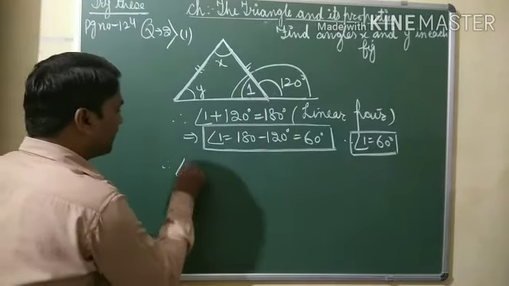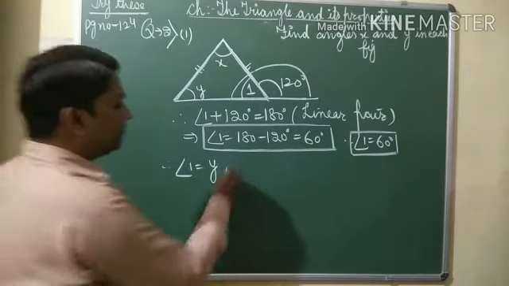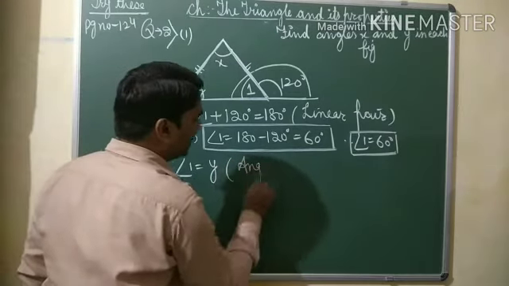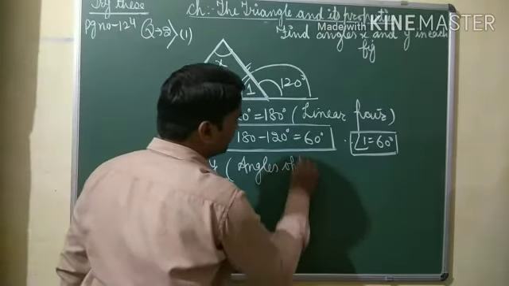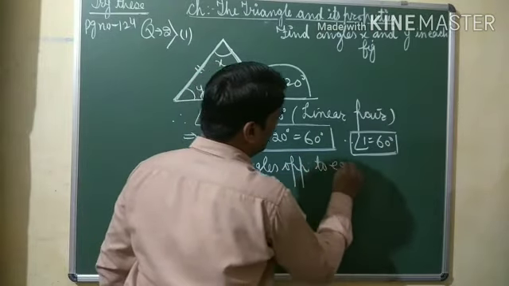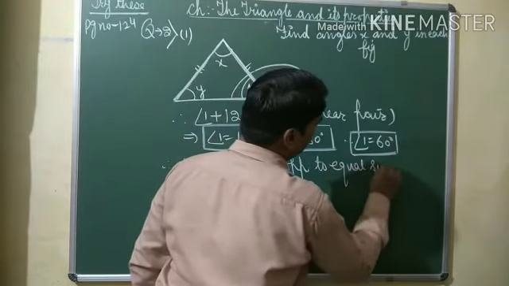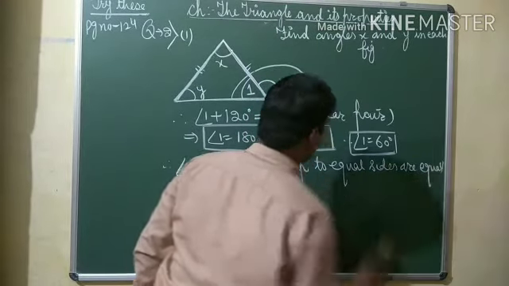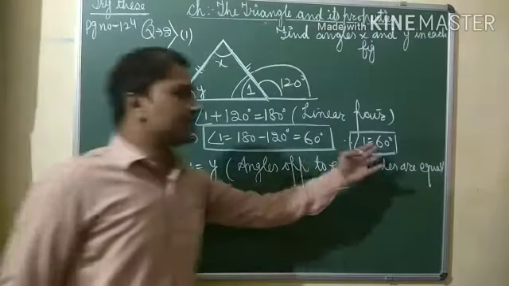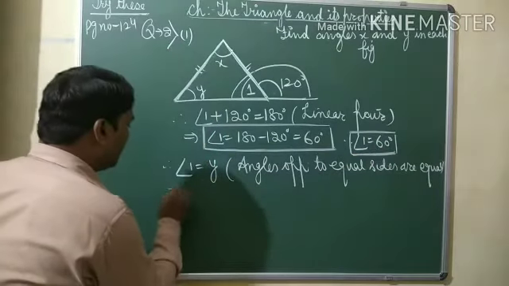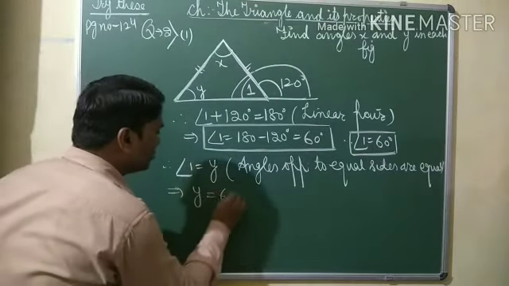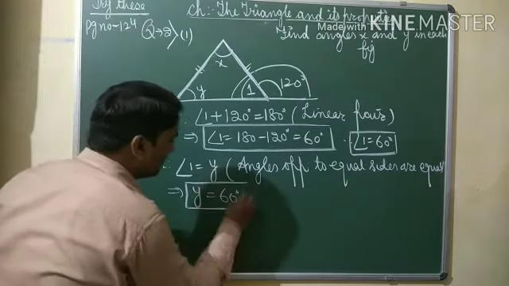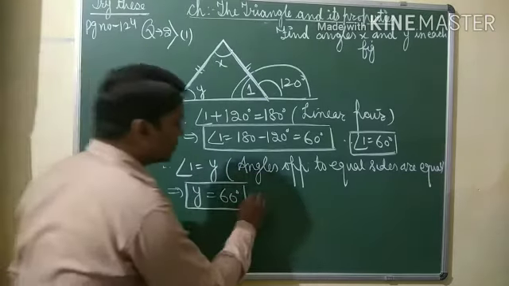Therefore, angle 1 is equal to angle y, because angles opposite to equal sides are equal. But angle 1 is equal to 60 degree. Therefore, angle y will also be equal to 60 degree. So, measure of angle y is equal to 60 degree.